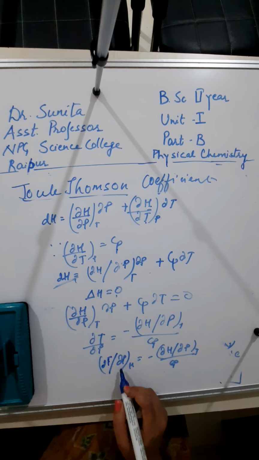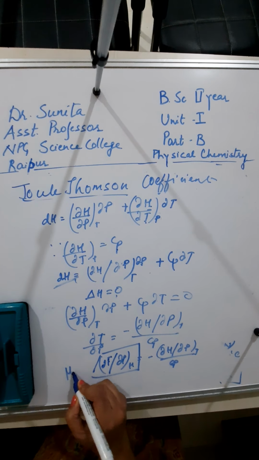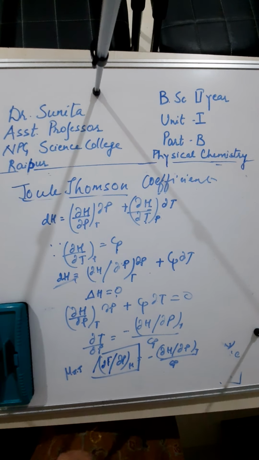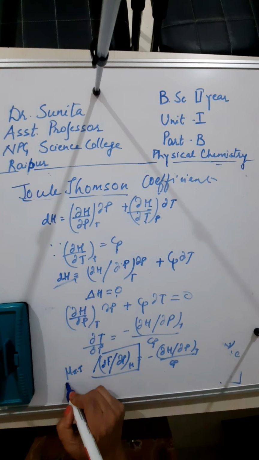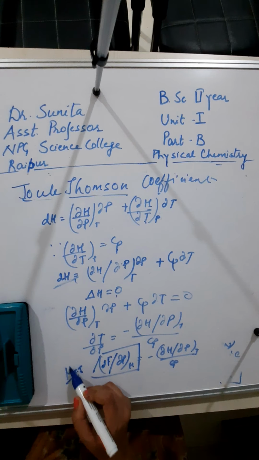This quantity is known as mu JT, the Joule-Thomson coefficient. It is denoted by mu JT, where JT stands for Joule-Thomson.